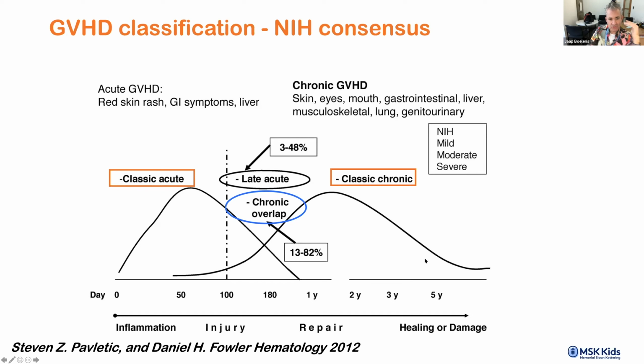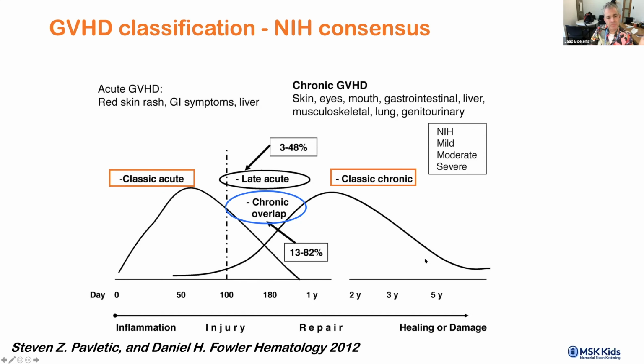9 years ago. So we have the acute form, that's the classical acute form. We have a late acute form, and then you can see after 100 days, the incidence of chronic GvHD also goes up. And then there is an overlap chronic form. So it's a more sophisticated grading, from acute and chronic historically to acute, late acute, chronic overlap, classic chronic.